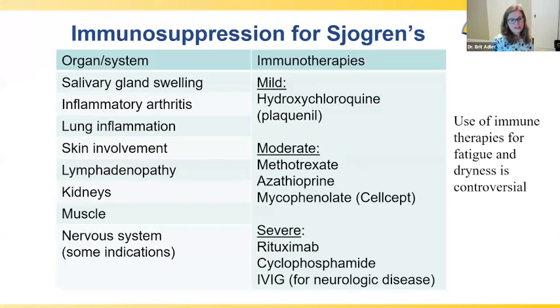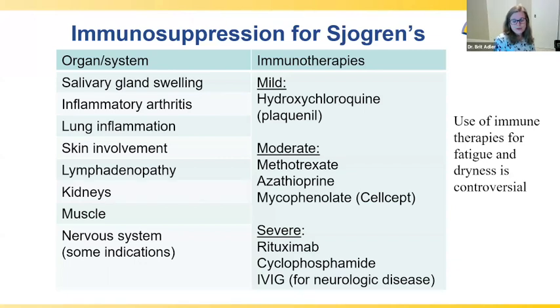And then there is a role for immunosuppression or immune treatments for Sjögren's. We choose immunosuppression based off of the organ system that's involved. So if patients have recurrent salivary gland swelling, inflammatory arthritis, lung inflammation, skin involvement, lymphadenopathy, kidney involvement, muscle inflammation, or sometimes some of the nervous system complications, that is a reason to start immunosuppression.